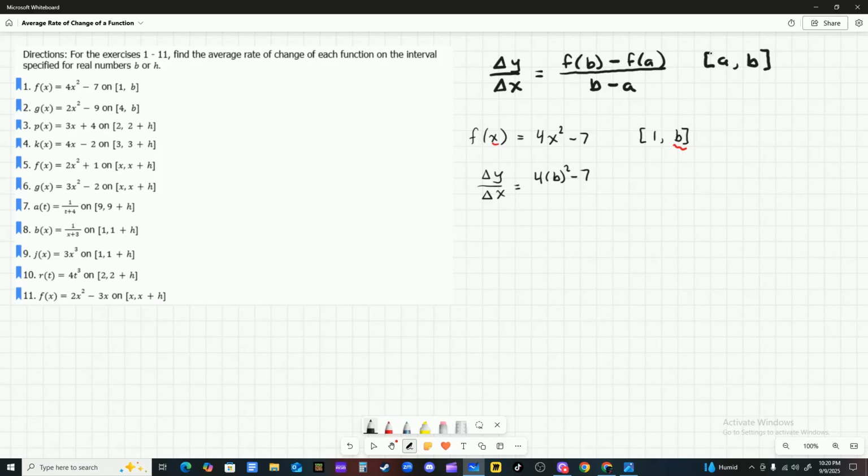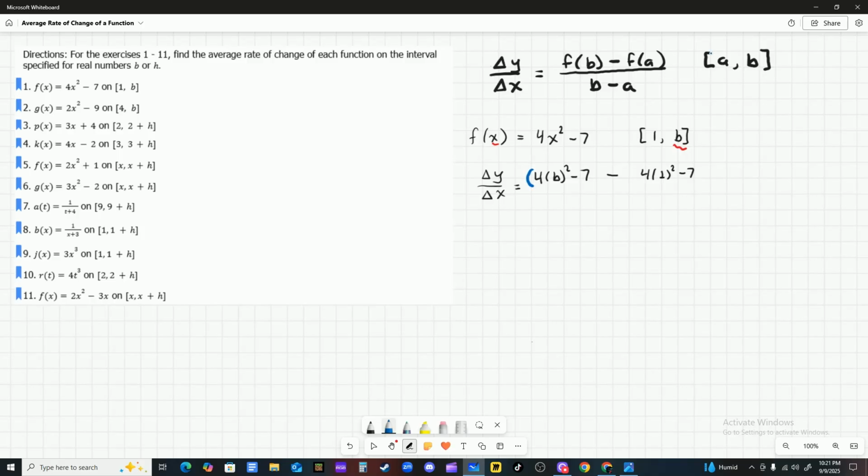And we're going to subtract f of a, which in this case is 4 times 1 to the power of 2 minus 7. I'm going to use parentheses to keep our quantities together.